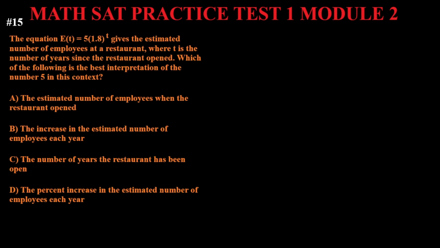The equation E of t equals 5 times 1.8 to the t power gives the estimated number of employees at a restaurant, where t is the number of years since the restaurant opened. Which of the following is the best interpretation of the number 5 in this context? This exponential function is in the form of E of t equals a times b to the t power.